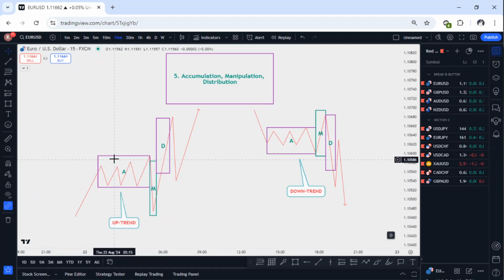Then we start again with range, and then we have manipulation here taking place, this M here. So this is accumulation, we can also call it range, and then we have manipulation here, and then it shows people that want to move downward, and then it moves in the opposite direction. So that move in the opposite direction is what is called distribution.